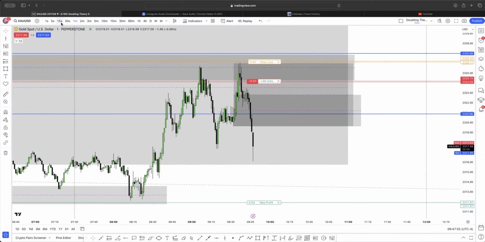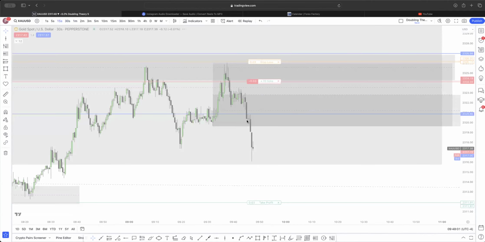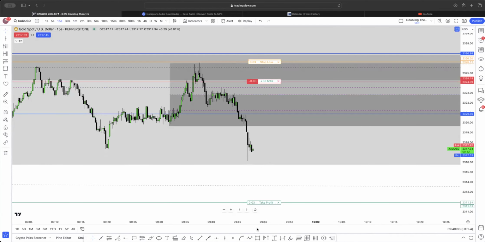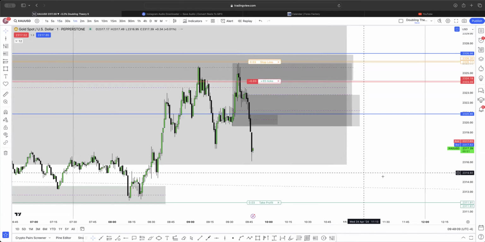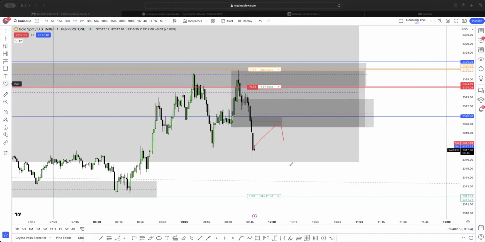Then I want to see, is there any structure that broke that structure? This one? Let's see. Yes, here. So I'll focus on this as well, just as an intermediary point. Okay. So now let's see if we can potentially get this. If not, then no problem, man, no problem.